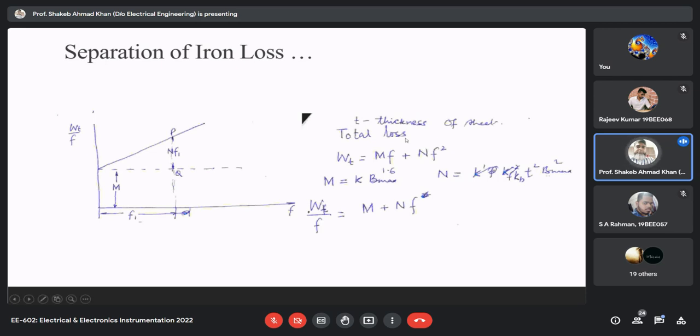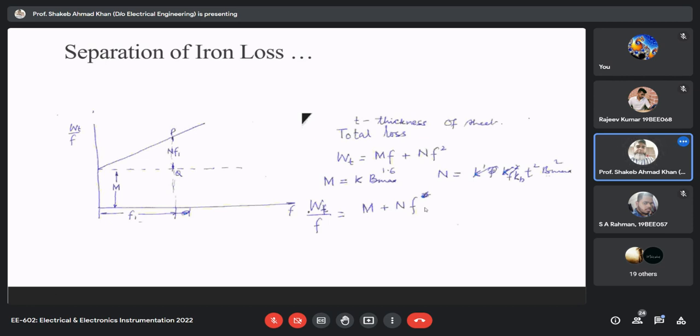Otherwise this equation will not be correct. If the flux density is also variable, a flux density term will also come in, so this will be a complex equation. You cannot reduce it to a straight line equation. It will have another variable, so it will be a two variable equation.